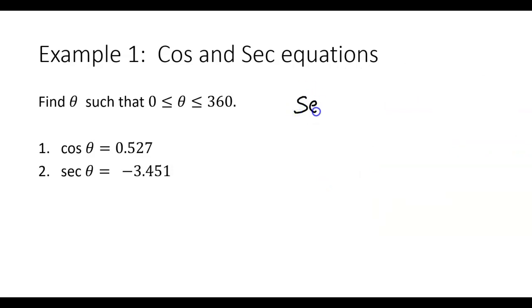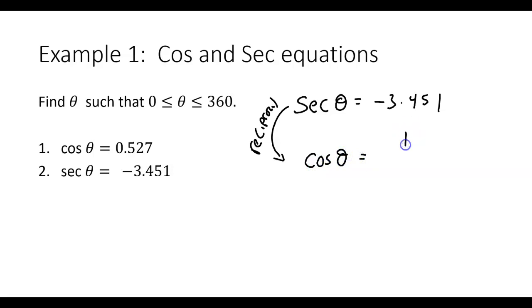First step on this guy, we have a little extra work on this one. Last time we didn't do step 1. On this one, we do need to do step 1. Step 1 is if you have a secant and want to change it into a cosine by taking the reciprocal on both sides. So I want to take the reciprocal on both sides of this equation here. The reciprocal of secant is cosine.